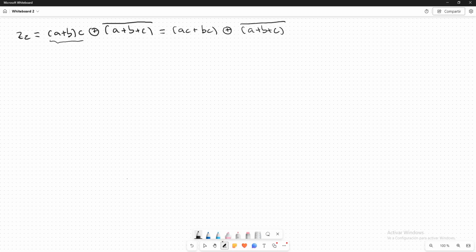Remember, I told you that the XOR operation is a sum of the first literal multiplied by the second negated, and the first literal negated multiplied by the second non-negated. This is the XOR if you look at the minterms of its truth table.